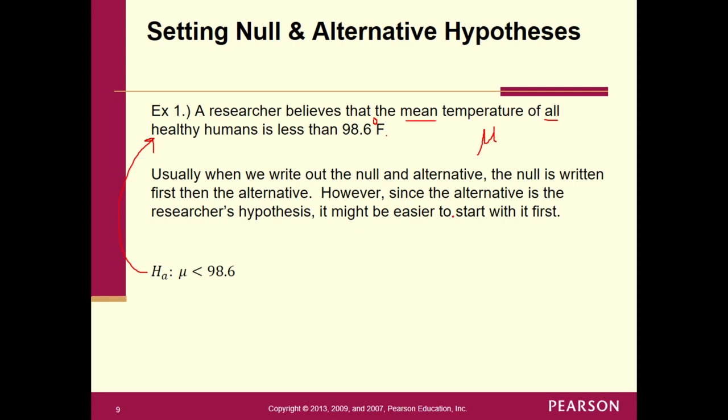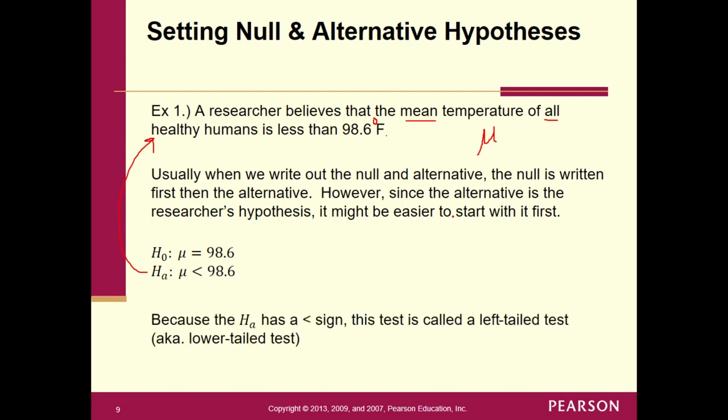Now we have to go back to the null. The null will get mu is equal to 98.6, so the null gets the equal to sign. The alternative gets either less than, greater than, or not equal to. Before we leave this problem, because the alternative has a less than sign, this is what we call a left-tailed or a lower-tailed test.